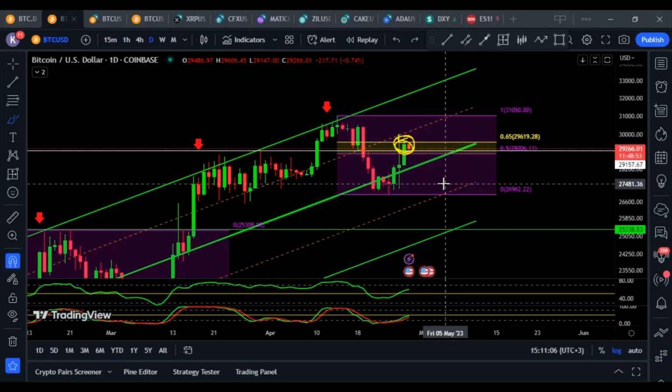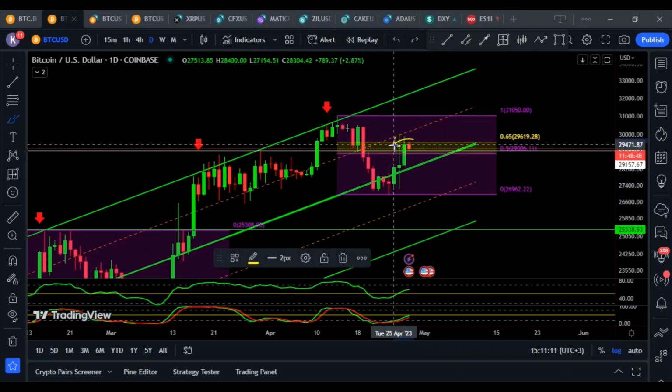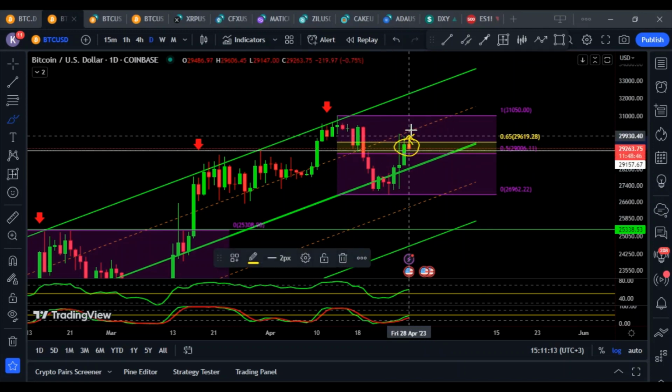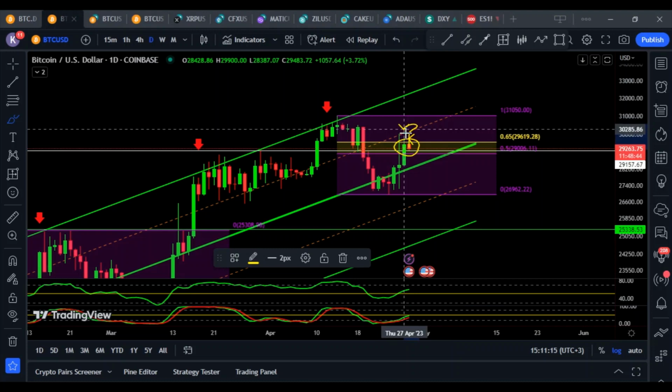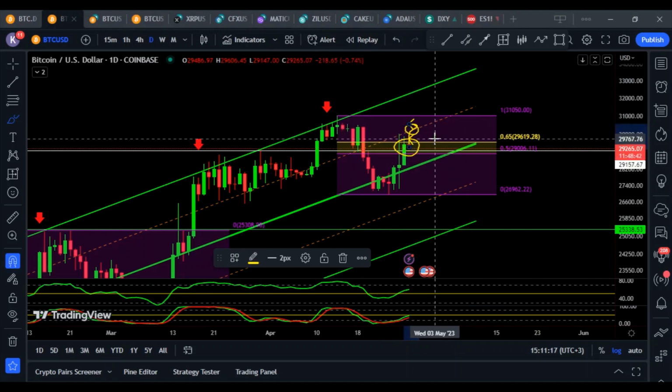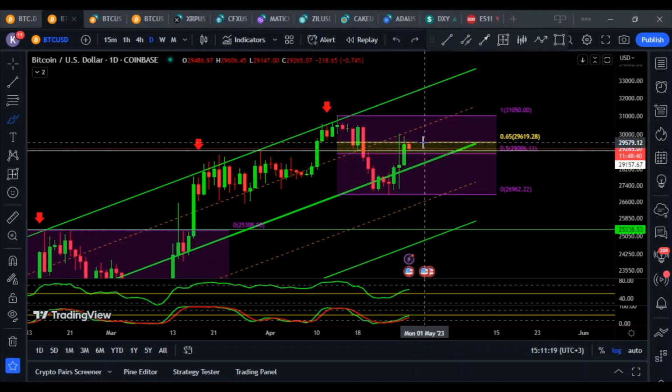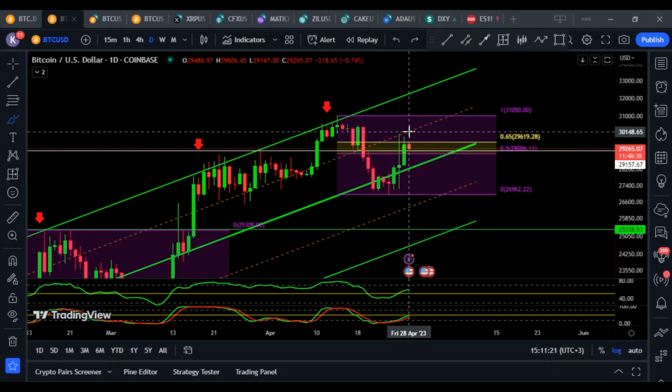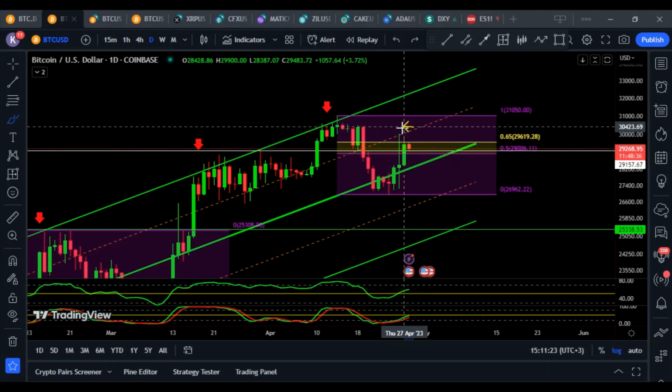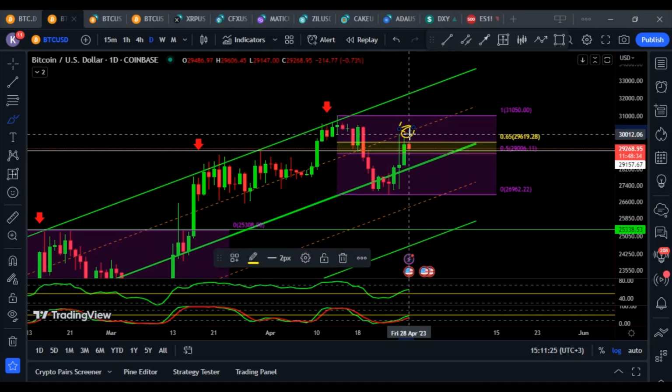So everything we're gonna talk about from now on is based on this zone. So burst out of it, take out this. Those would be our short-term targets. Again, we repeat, around $30,000 on the middle.